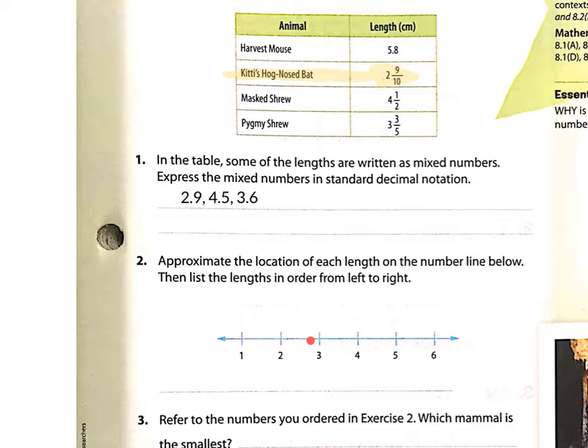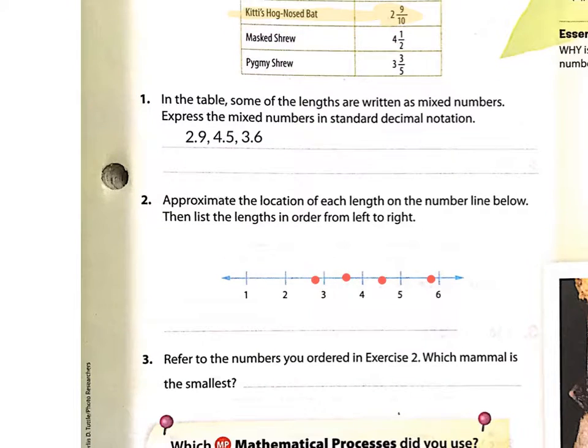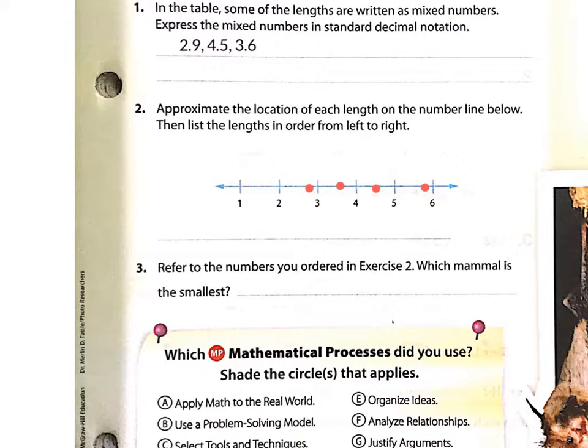Then 3.6, 4.5, and 5.8. Just draw the dots. And it says refer to the numbers in order in exercise 2, which animal is the smallest? We already figured it out. It was the bat, right?